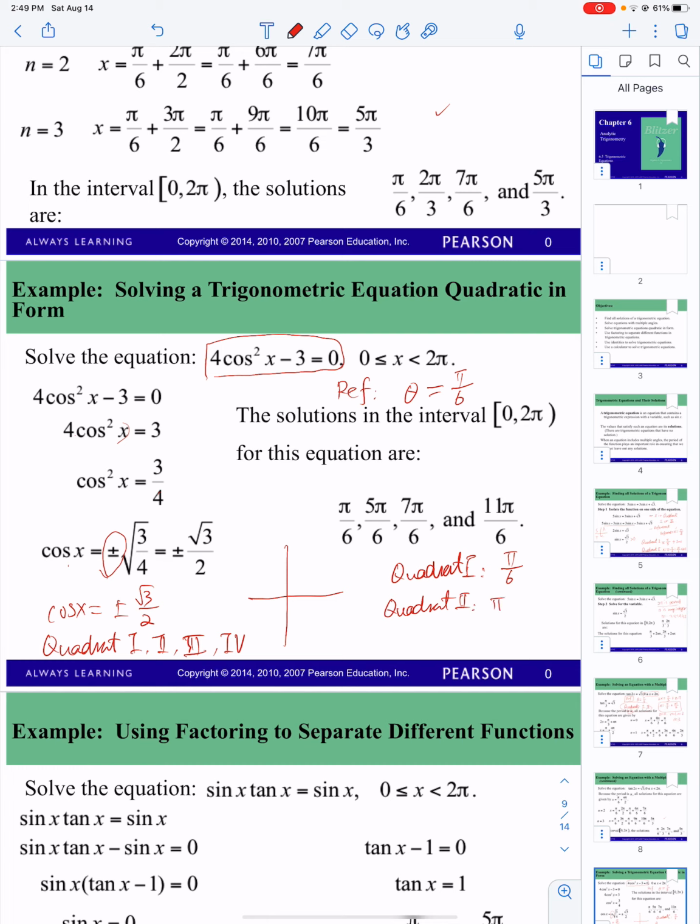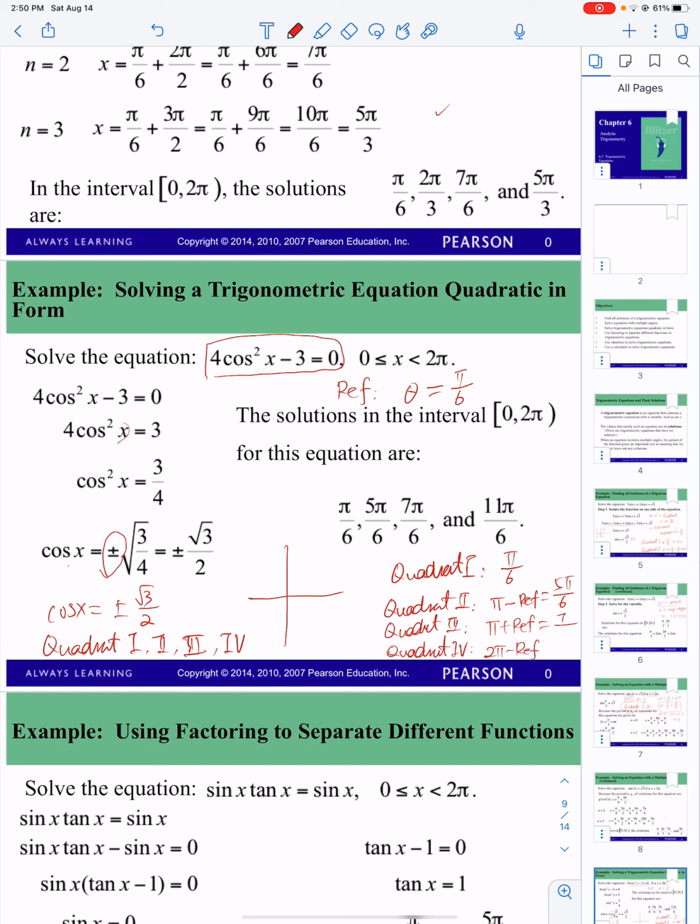It's always pi minus the reference, so it will be 5 pi over 6. In quadrant 3, it will be pi plus the reference. In quadrant 4, it is 2 pi minus the reference.